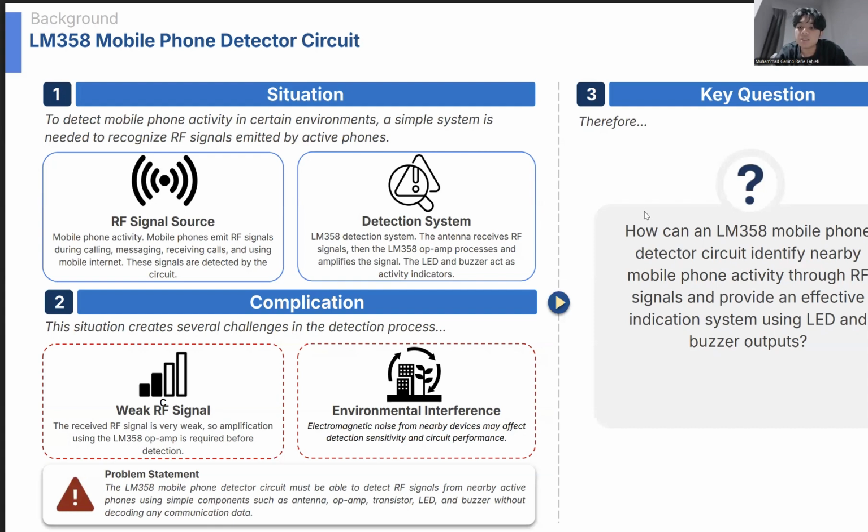Another problem is environmental interference because other electronic devices can also produce electromagnetic noise. Therefore, our main question is how can the LM358 detector circuit identify nearby phone activity and provide indication using LED and buzzer outputs?